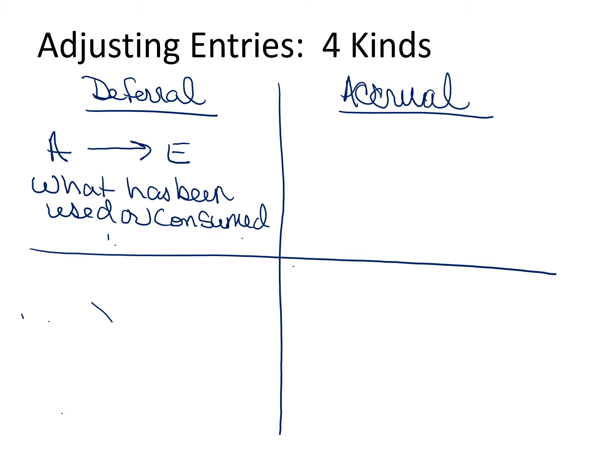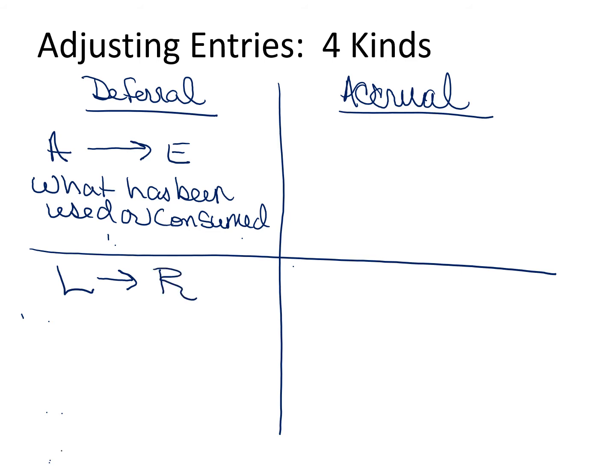The other kind of deferral is sitting right now in a liability account, and that liability account, like unearned revenue or deferred revenue, says that we have taken cash and we're responsible for that cash until such time as we produce the good or the service the customer has asked for.